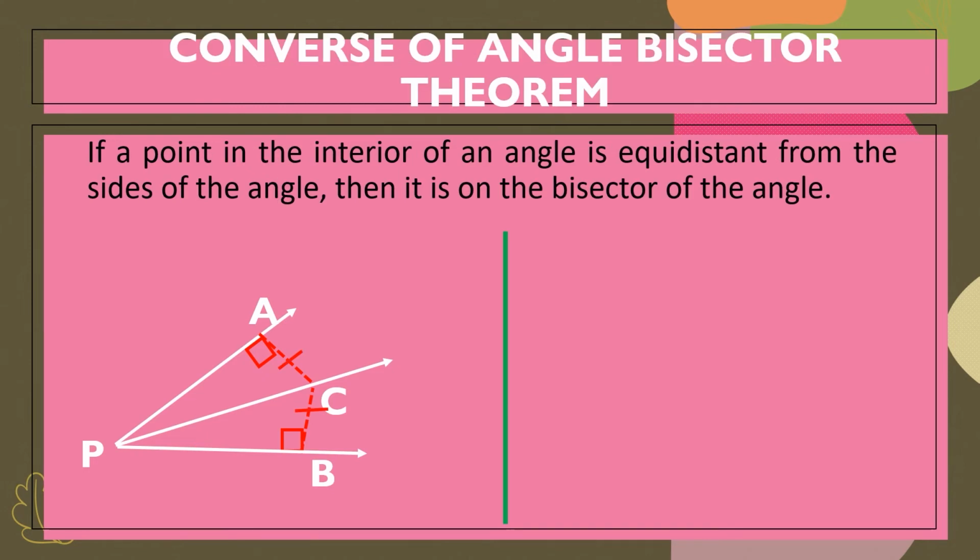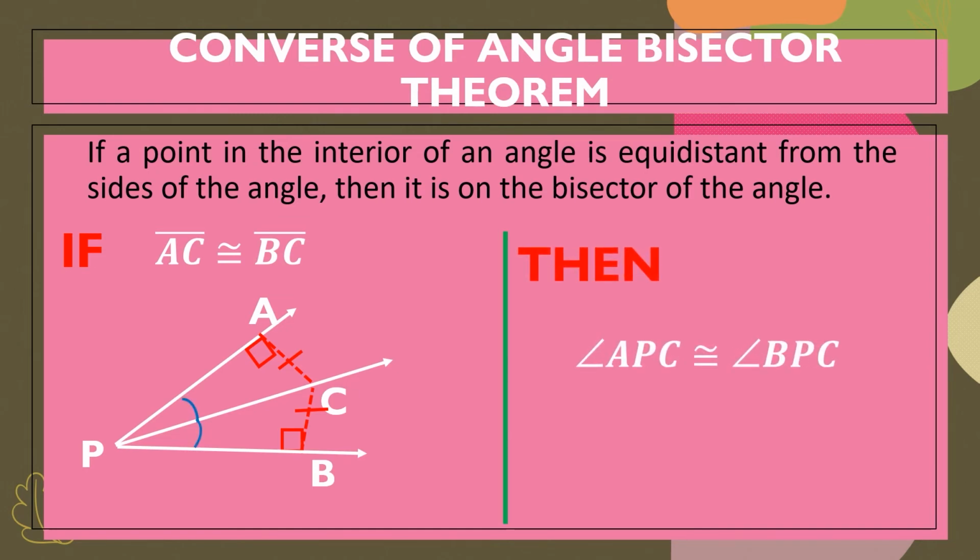For the converse of the angle bisector theorem, if a point in the interior of an angle is equidistant from the sides of the angle, then it is on the bisector of the angle. That is, if segment AC is congruent to segment BC, then angle APC is congruent to angle BPC.